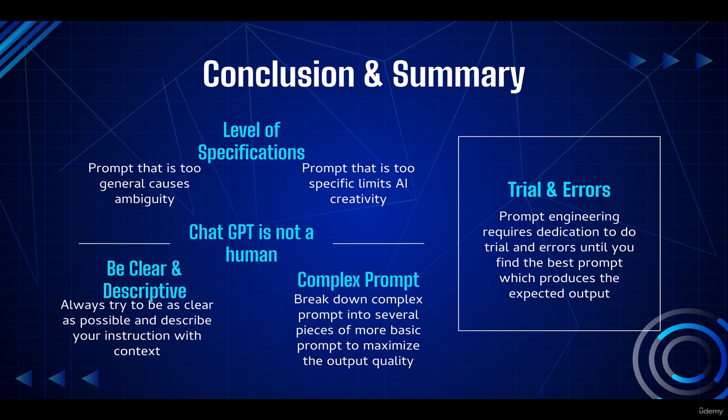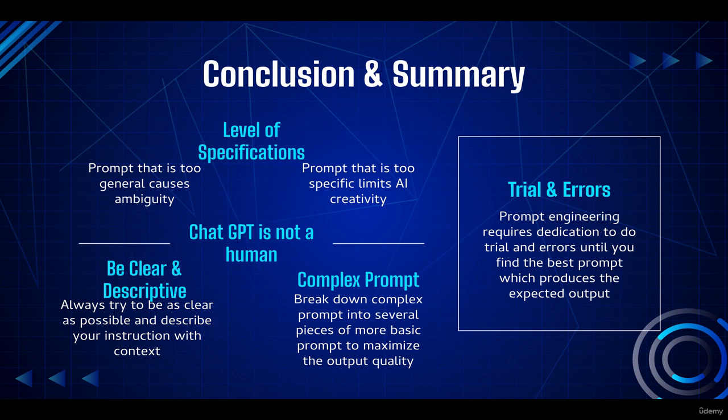So think about this. When it comes to determining the level of prompt specificity, it is very abstract. It is kind of a gray area where there is no specific rule that you need to abide by.